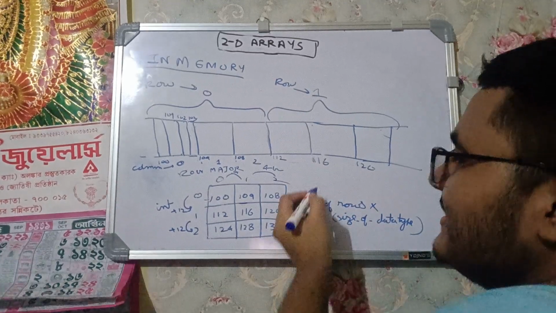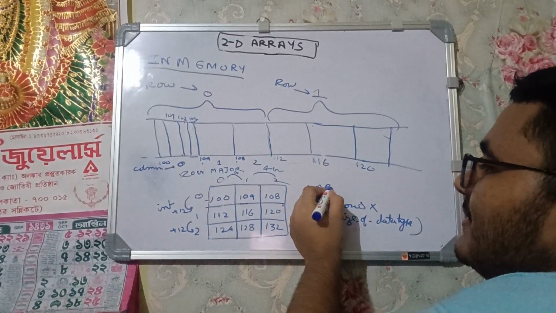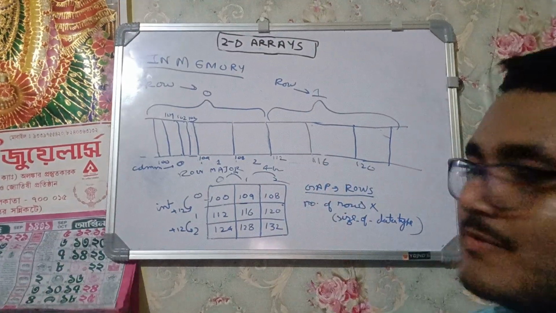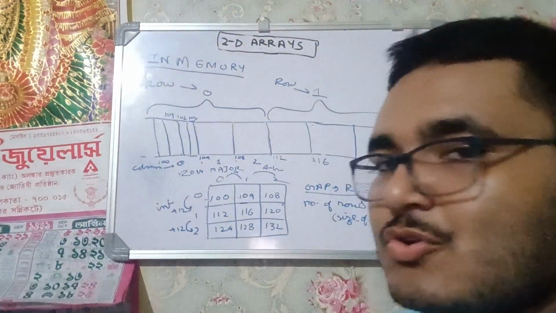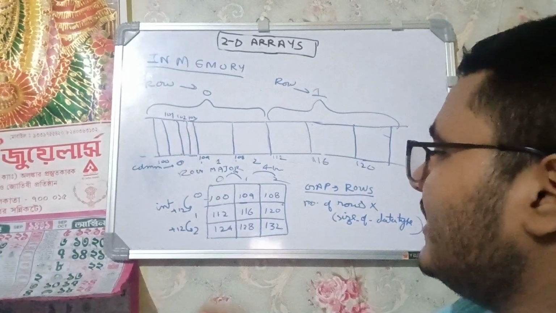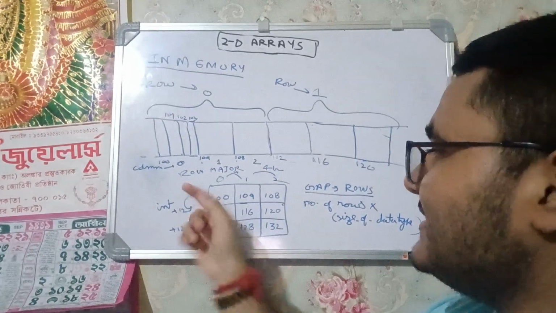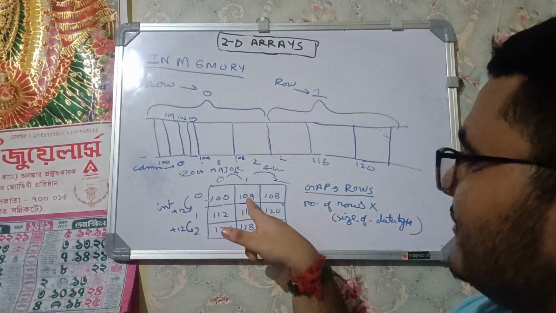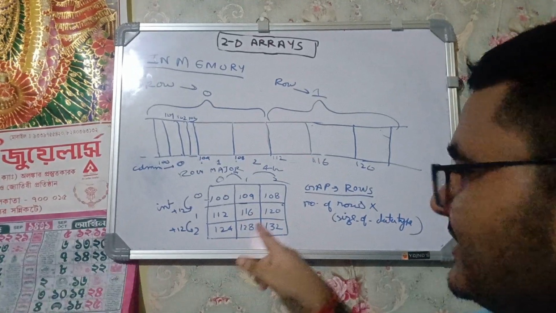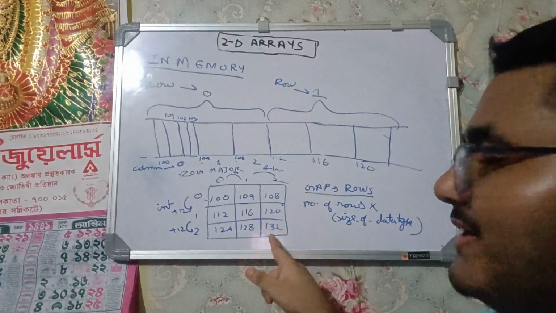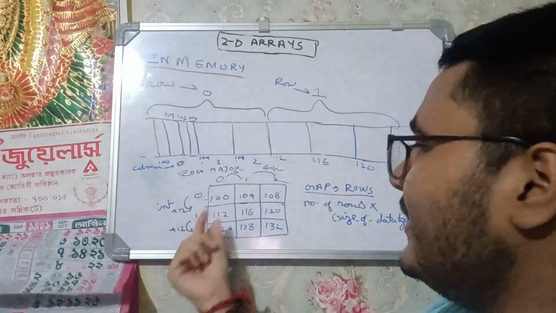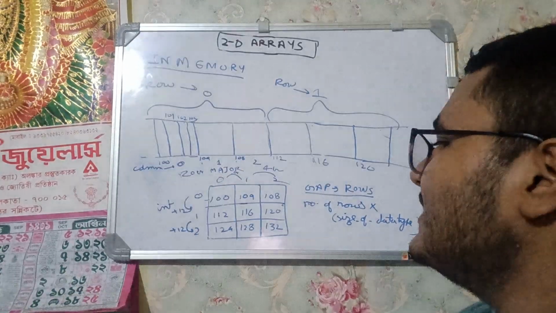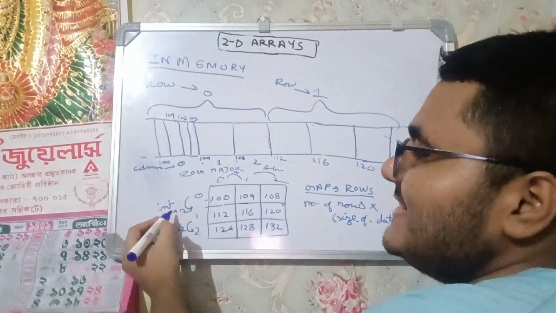Can I say that this is the gap between two rows? Yes or no? See properly. It is 100, then it is 112, then 124. 104, 116, 128. 108, 120, 132. 12 bytes, 12 bytes, 12 bytes, 12 bytes. Here it is 4 bytes. So can I say what?